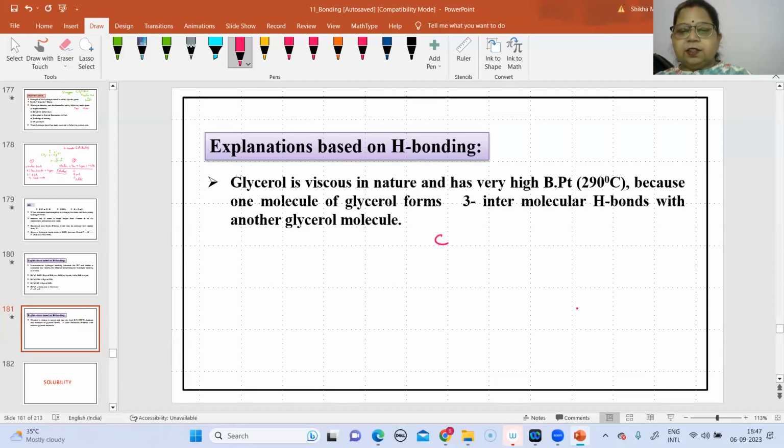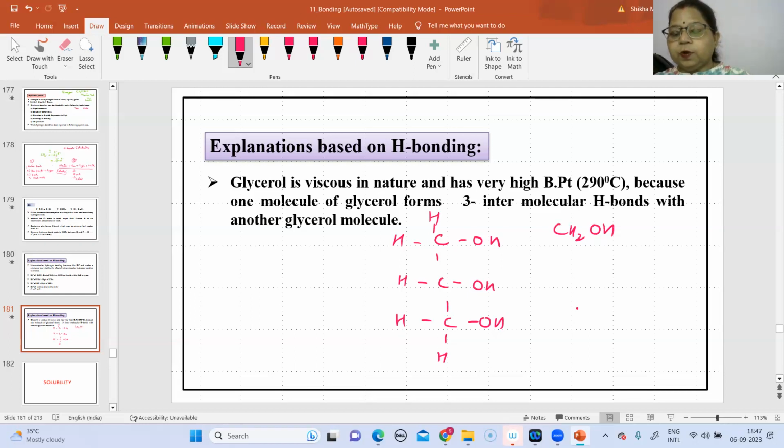See, glycerol is this compound. All free ends are hydrogen. So the formula can be written as CH2OH, CHOH, CH2OH.